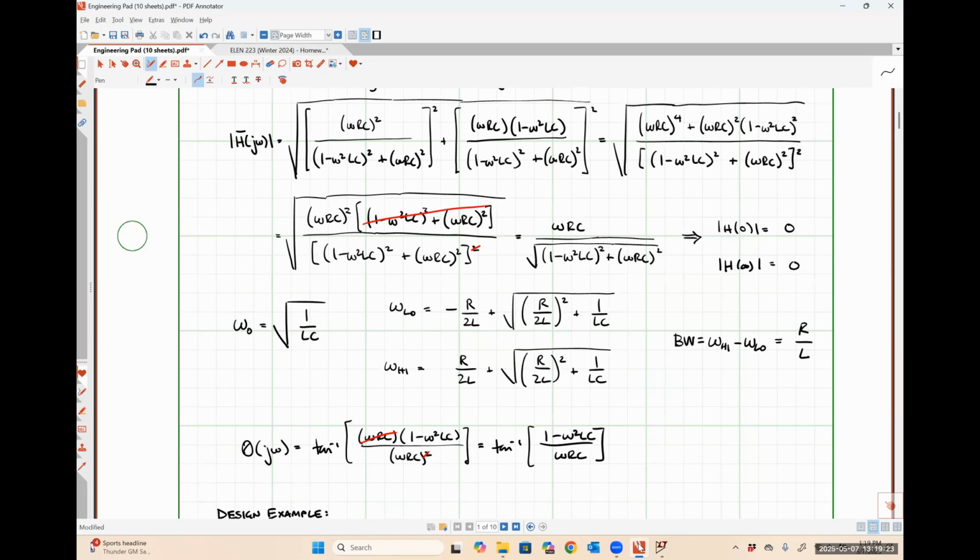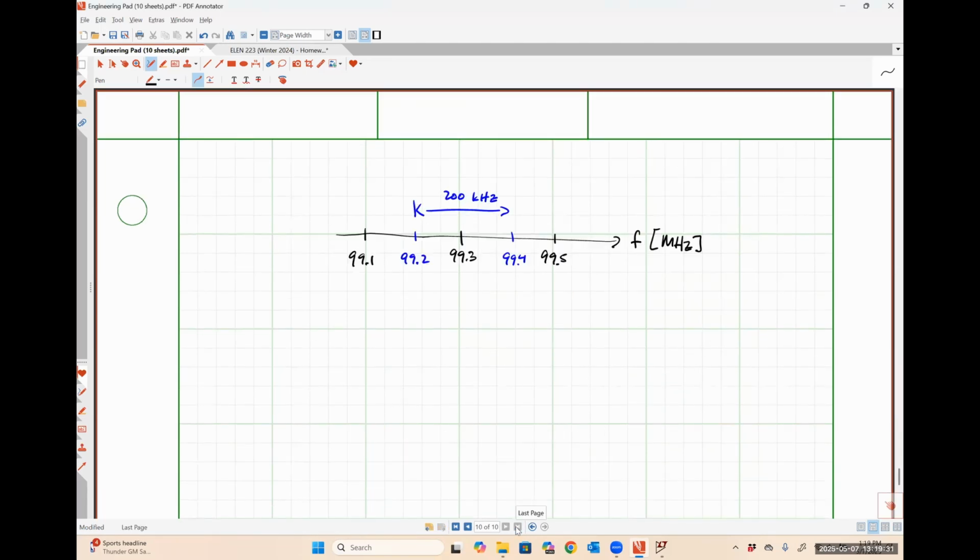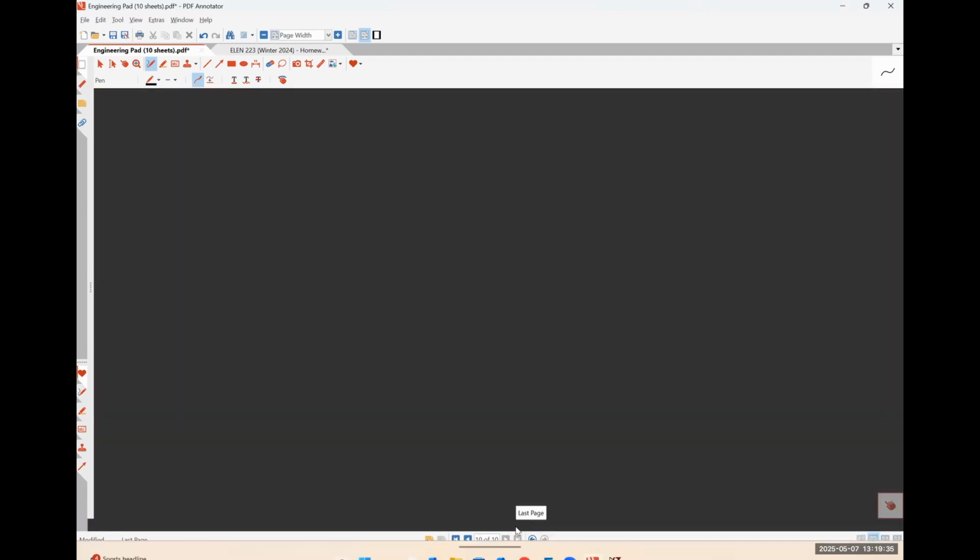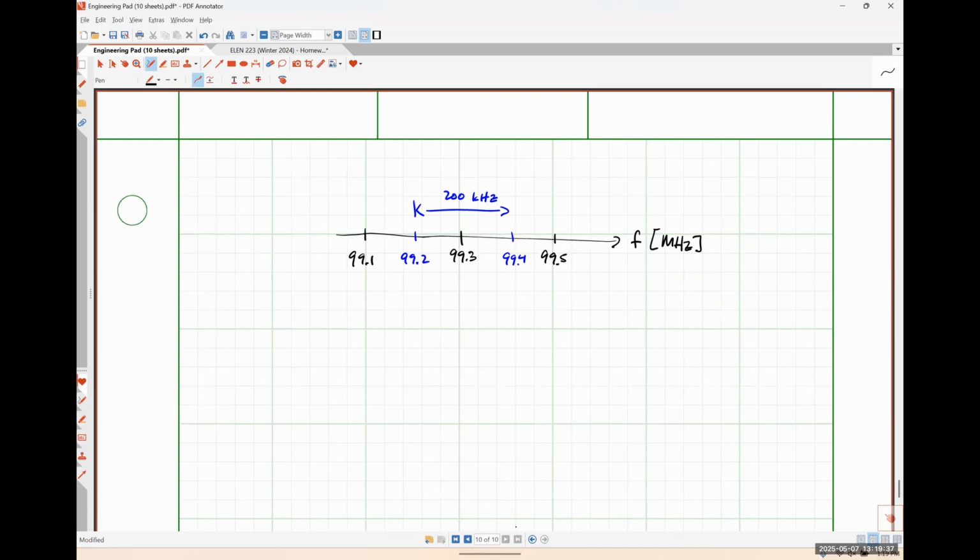Let me make sure I understand what you're asking. I'm going to go back to page 10 for some scratch work that isn't particularly specific to this. If we had a filter network, and I may be misunderstanding you, right now we have everything in series, right?